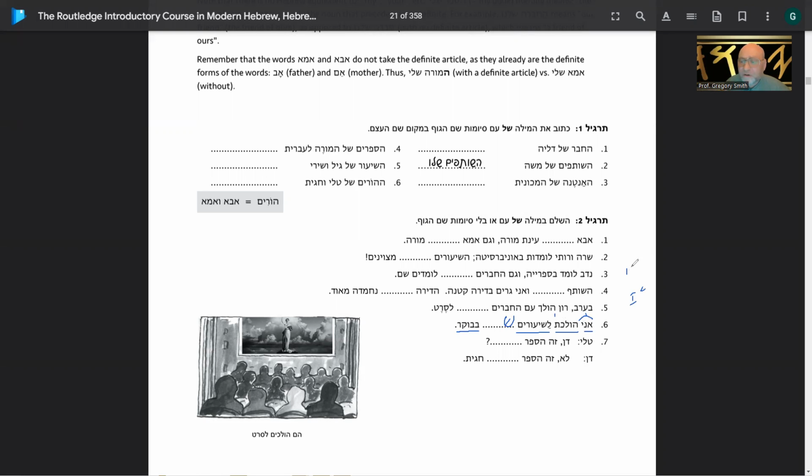So it's going to be first person. So we're going to use sheli, I think. Okay, so ani holechet, so I am going lashi'urim to the classes or the lessons. Sheli baboker, my classes, to my classes in the morning.